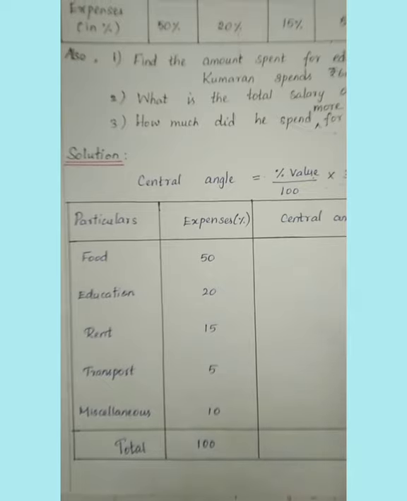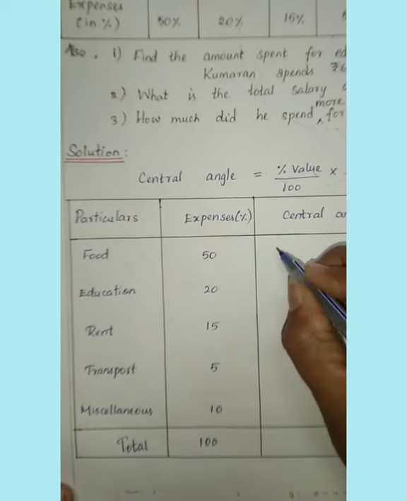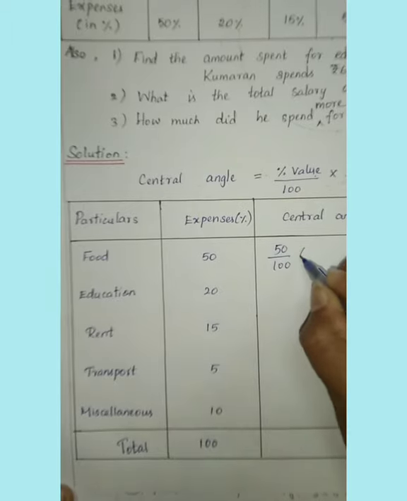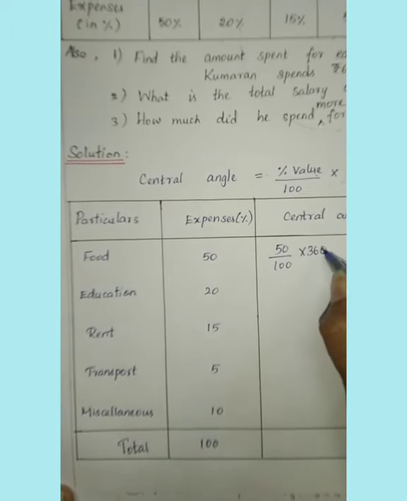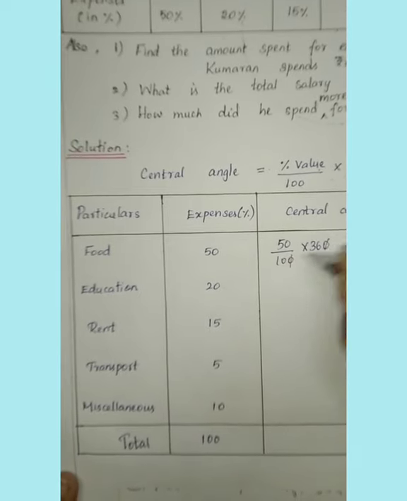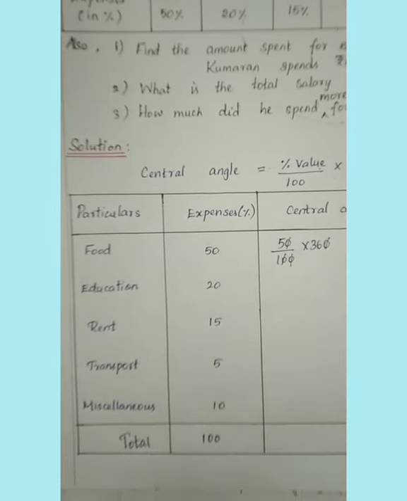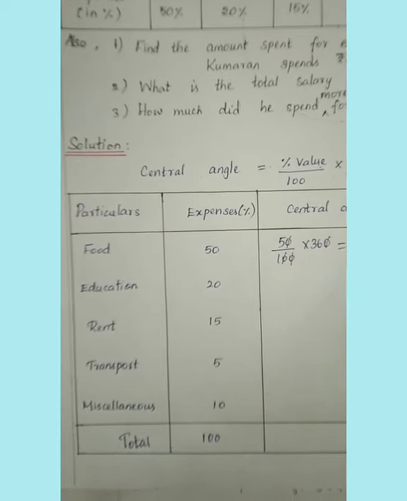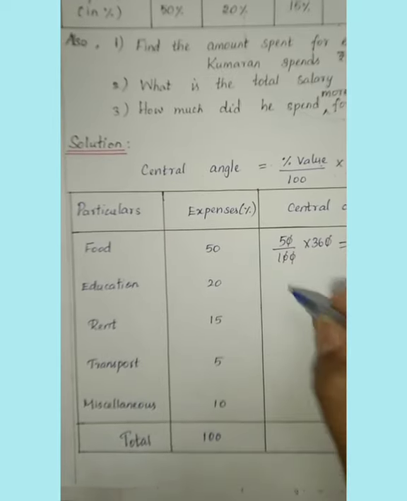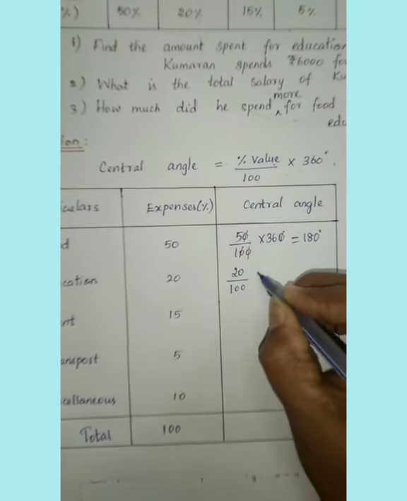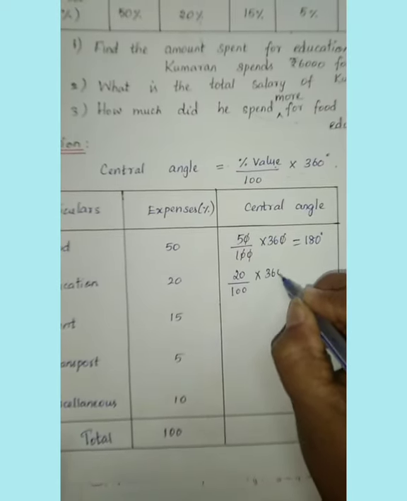Then central angle is 50 by 100 into 360 degree. So double zeros we can cancel. 36 fives are 180 degree. Then the second value is 20 by 100 into 360.